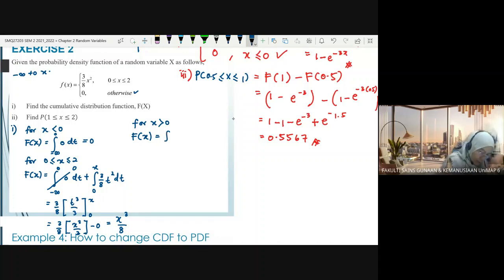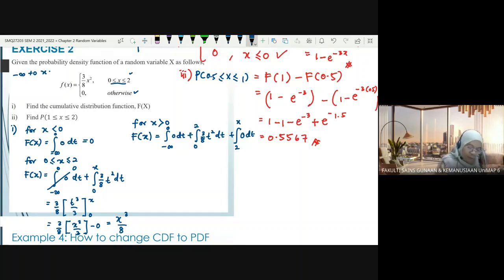So we begin from negative infinity to 0, that will be 0 dt, plus from 0 until the given one, which is 2, and the function is 3 over 8 t squared dt, plus the last part, for x greater than 2, 0 dt from 2 until x.